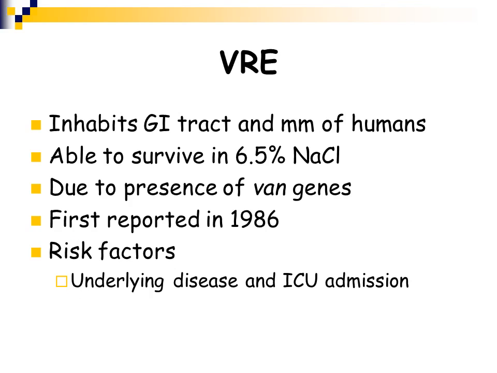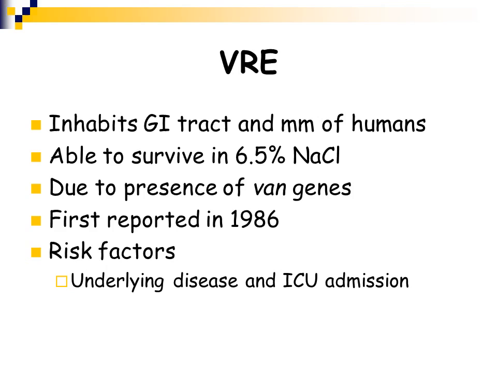So now we're going to talk about another organism, our vancomycin-resistant Enterococcus. So our Enterococcus organisms inhabit our gastrointestinal tract and mucous membranes. They're able to survive in 6.5% sodium chloride. The vancomycin resistance is due to the VAN genes, VanA, VanB.